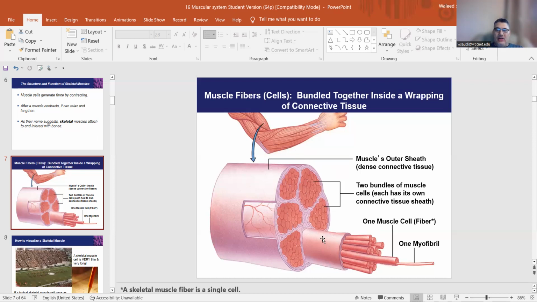If you go inside one of the bundles, what should I see? Muscle fibers or muscle cells. This is your unit. And then if I go further, I will see fibrils, and inside the fibril, there will be filaments. So the whole muscle, bundles, muscle cells or fibers, fibrils, filaments.